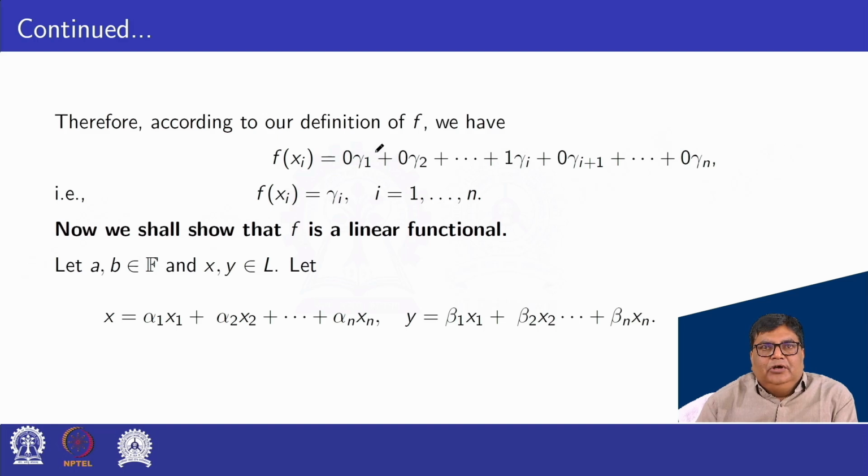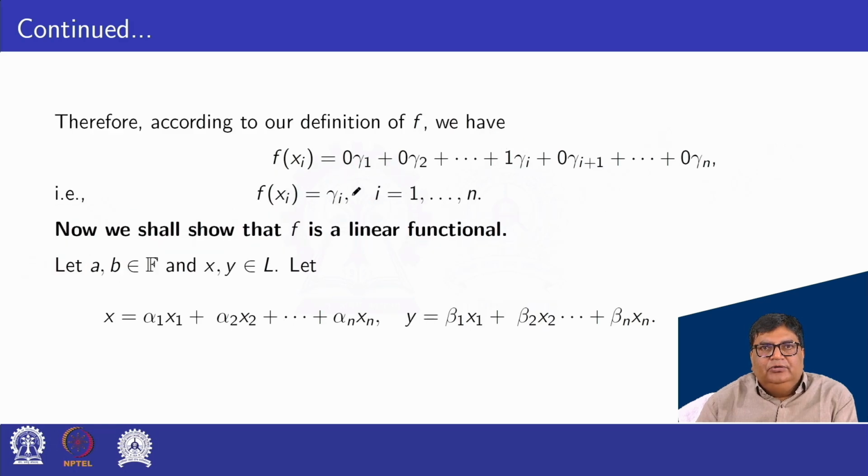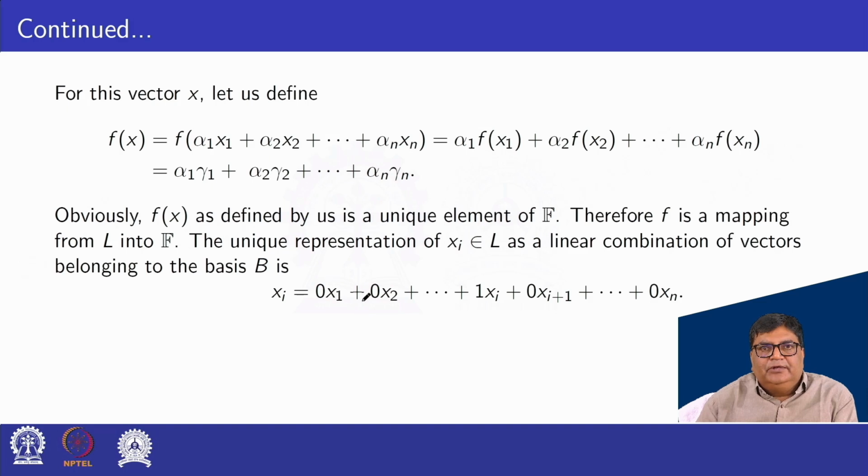Therefore, according to our definition of f, we can write f of xi is equal to 0 into f of x1 plus 0 into f of x2 plus and so on 1 into f of xi plus 0 into f of x(i+1) and so on plus 0 into f of xn.